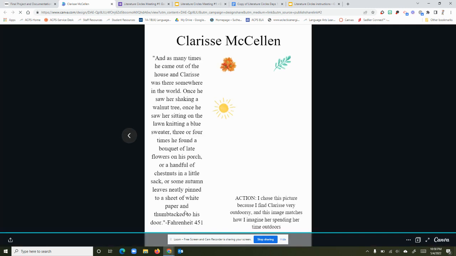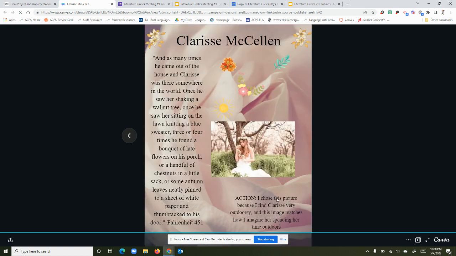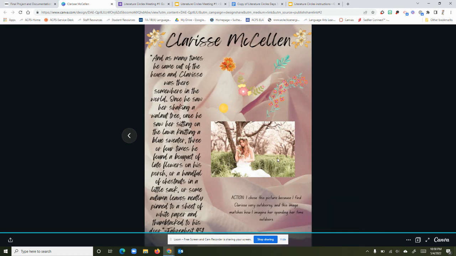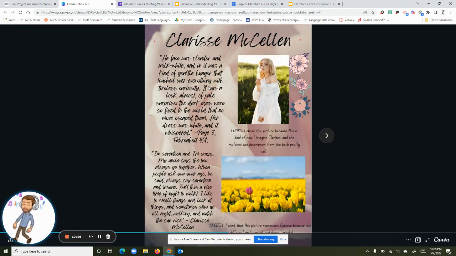As you can see, there's the text from the book here on the left, and over here on the right, a connection to what the author is showing me with this example. This is two pages too, so another example of text from the book, and then what I know about the character based on that text. Very well done there.